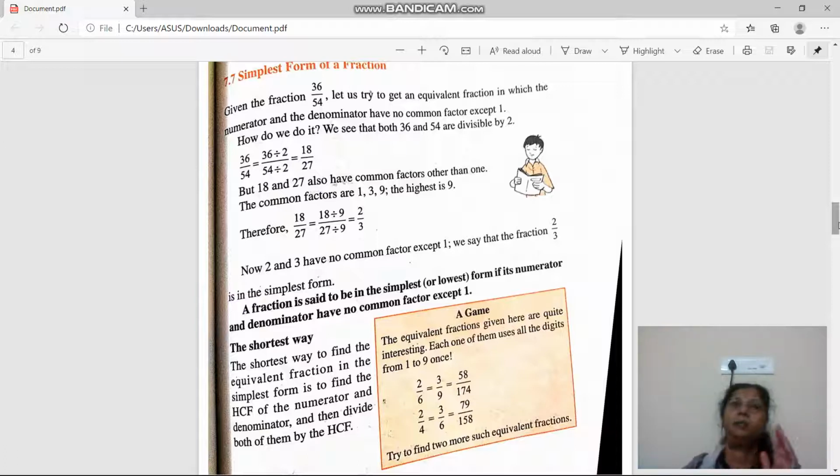Suppose we take 50 upon 60, we can divide it by 10. If we divide 50 upon 60 by 10 we get 5 upon 6. अब 5 और 6 को किसी नंबर से डिवाइड कर सकते हैं क्या? एक के सिवा नहीं कर सकते ना. Now it is the simplest form. Get it? Next.